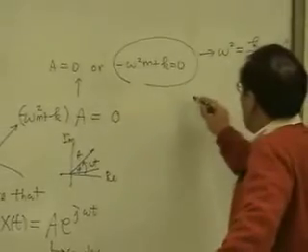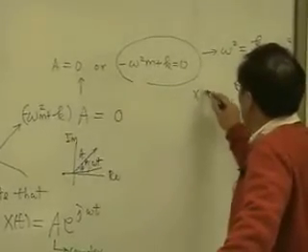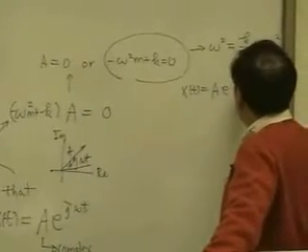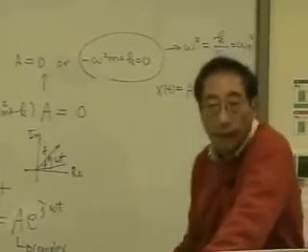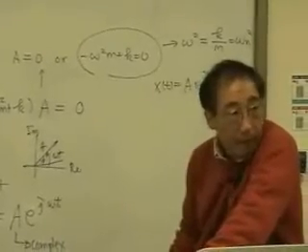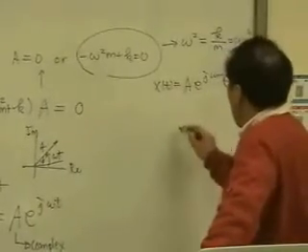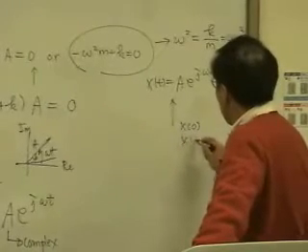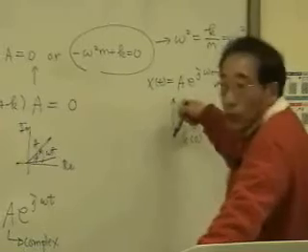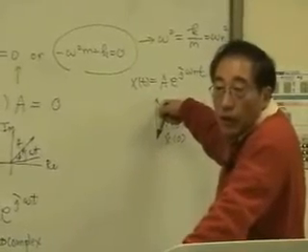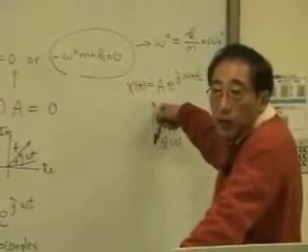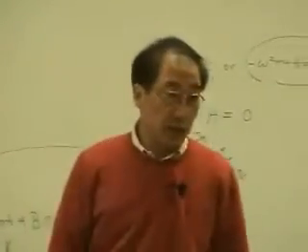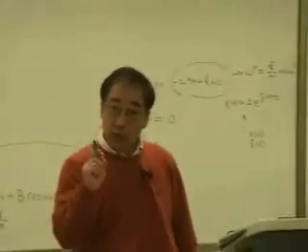Therefore, the solution is x(t) is equal to A exponential j omega n t. Right? And imposing the initial condition, okay, we can determine the real value of A, imaginary value of A, or we can determine the phase angle. Okay, that's what you did.